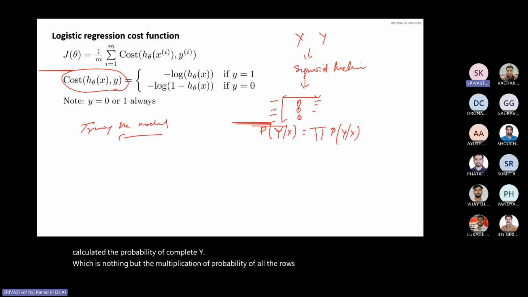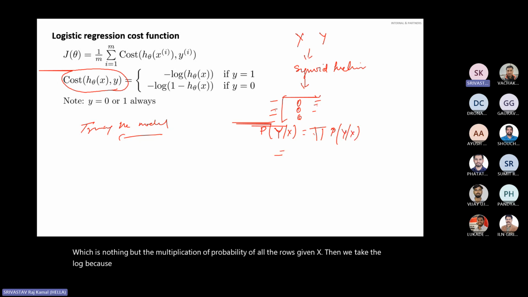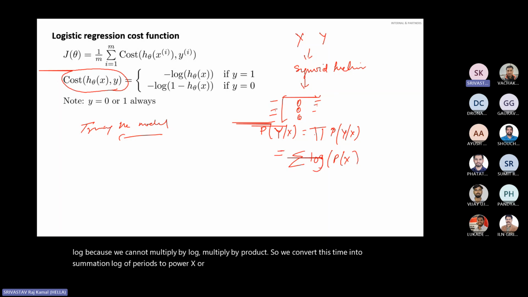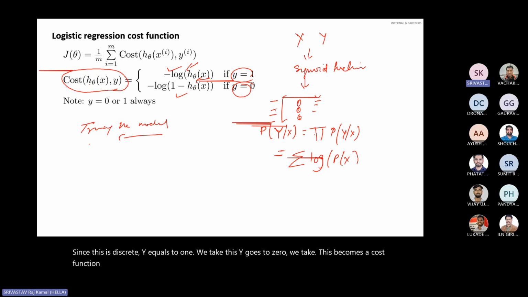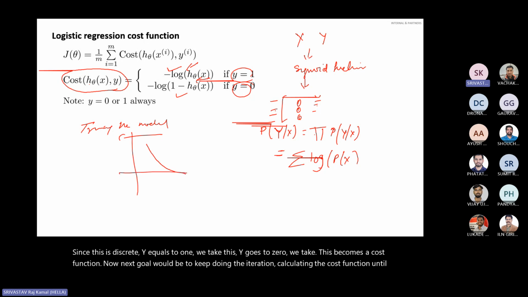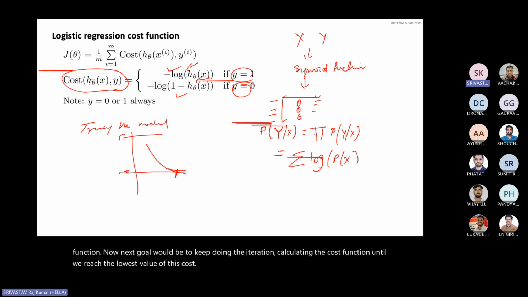Then we take the log, because we cannot work with a product, so we convert this term into a summation of log of p raised to power y. When we do that, this boils down to these two terms. Since this is discrete, for y equals 1 we take this, for y equals 0 we take this. This becomes the cost function. Now the next goal is to keep iterating, calculating the cost function until we reach the lowest value of this cost.